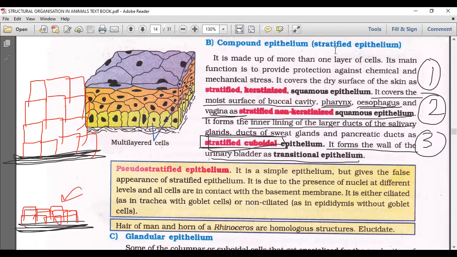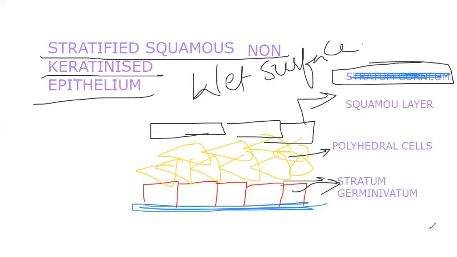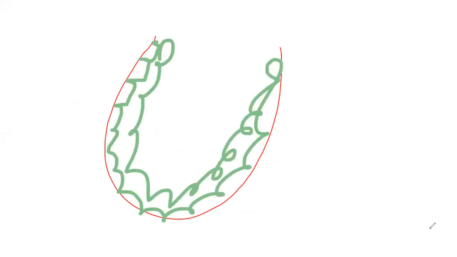We have to talk about the urinary bladder. Imagine, hypothetically, the basement membrane, and these are the cell layers, many cell layers present.